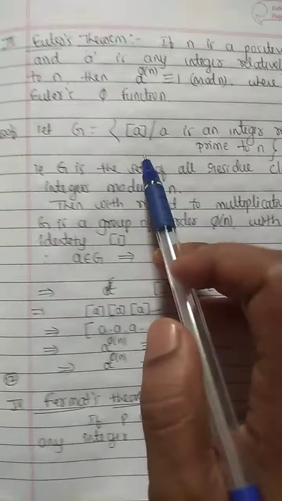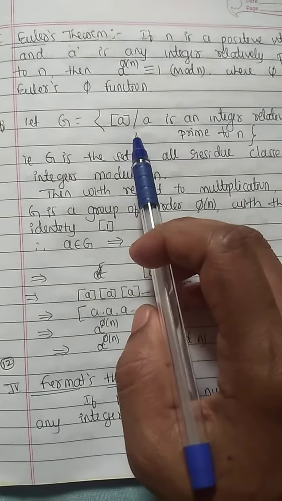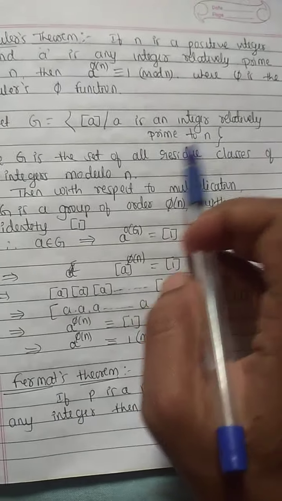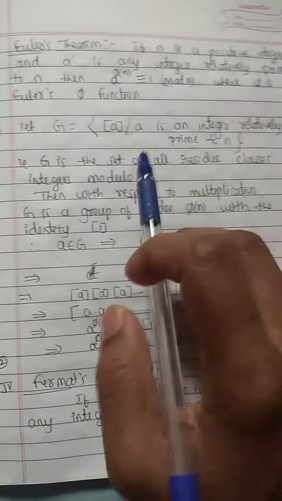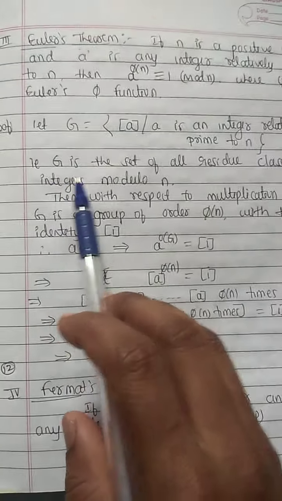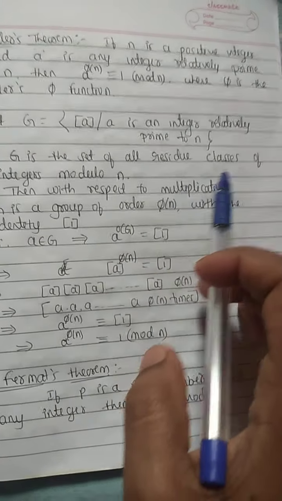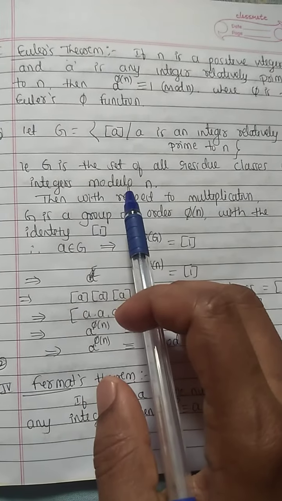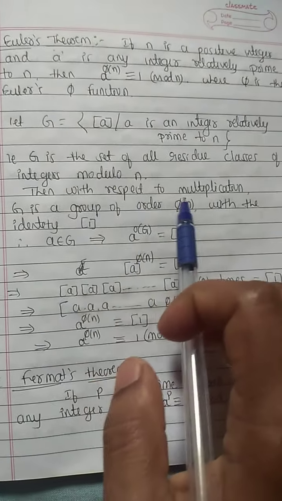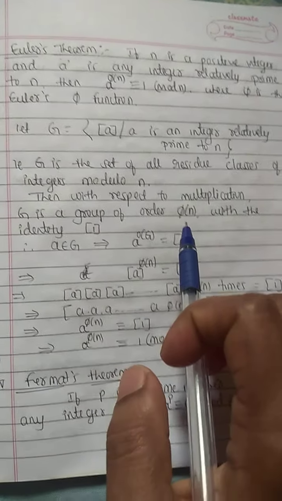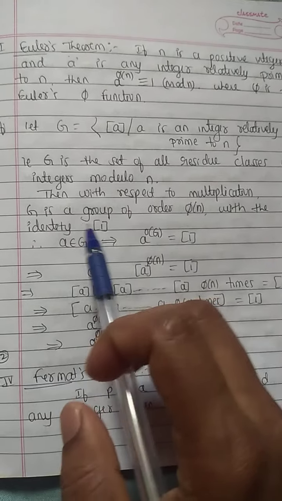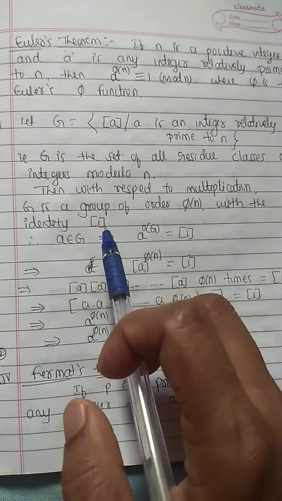Let G equal the set of residue classes [a] such that a is an integer relatively prime to n. a and n relatively prime is nothing but their GCD is 1. That is, G is the set of all such residue classes of integers mod n. Then with respect to multiplication, G is a group of order phi of n with the identity residue class [1].